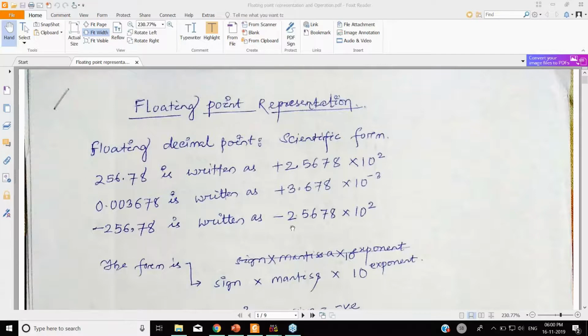So 256.78 can be written as minus 2.5678 into 10 to the power 2. So what is the format? Sign into mantissa, or the fractional part, which can be usually termed as significand, mantissa, or fractional part. All three are the same, into 10 to the power exponent.